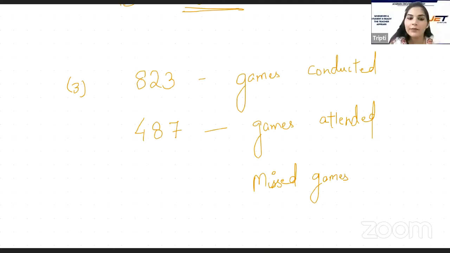823 games were conducted, and she attended 487 games. Obviously, if she attended fewer games than were conducted, that means she missed some of them. So to find the missing number, what do you think you need to do?